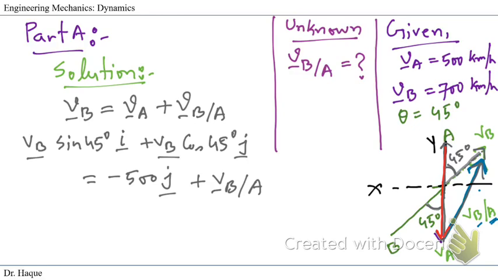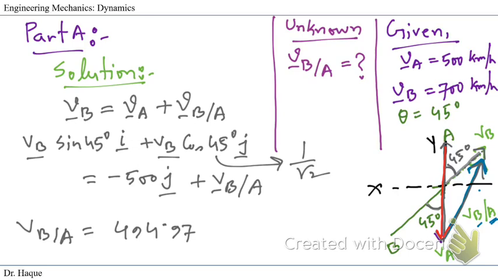And 700. Sin 45 and cos 45 in this case would be the same, which is 1 over root 2. So if we solve, then we get VB with respect to A equals 494.97 in the I direction plus 994.97 in the J direction.